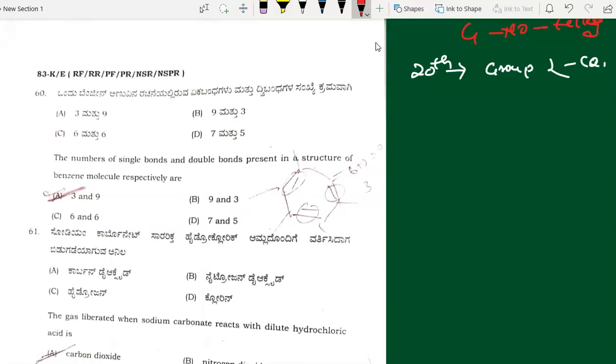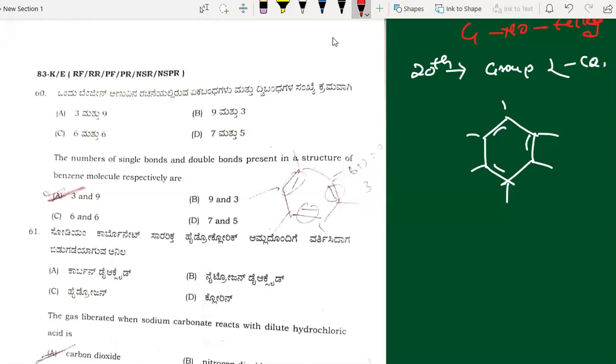Question 60. Benzene ring. Yes, let's draw the benzene ring here. So this is how our benzene ring looks. There are alternate double bonds and single bonds, along with the hydrogens. How many bonds are there?